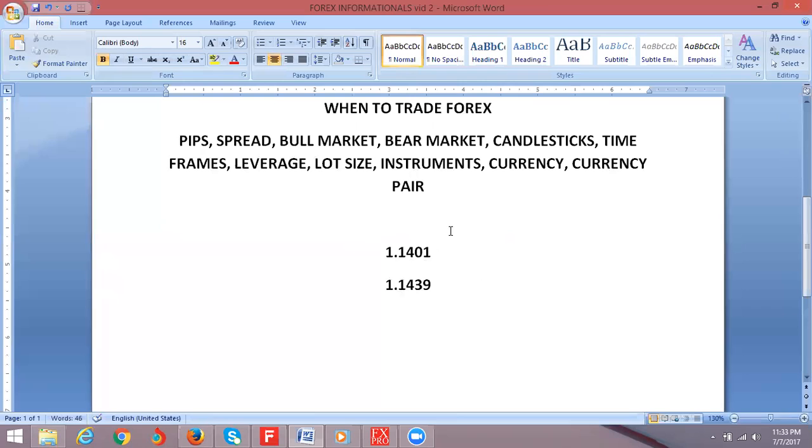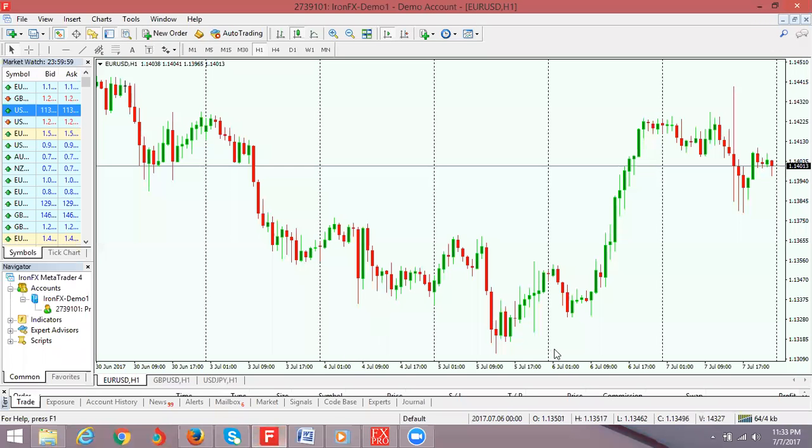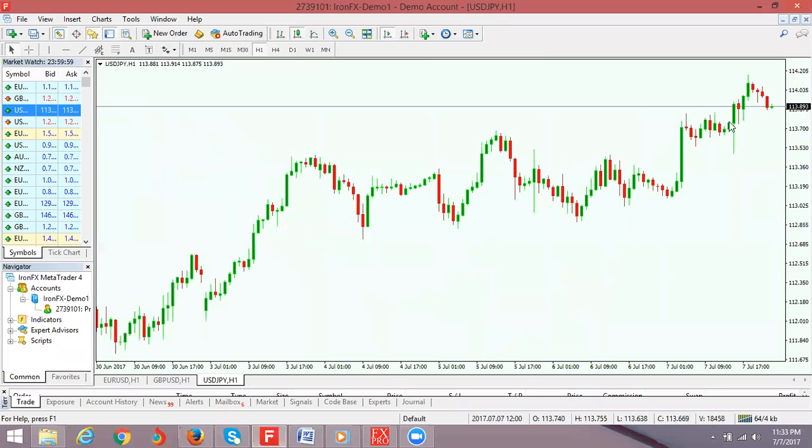And this is the pips for the 4-decimal currencies. There are also the 2-decimal currencies. Normally, the yen pairs have 2 decimal places. So let's see the value of USD yen right now. It is 113.89.